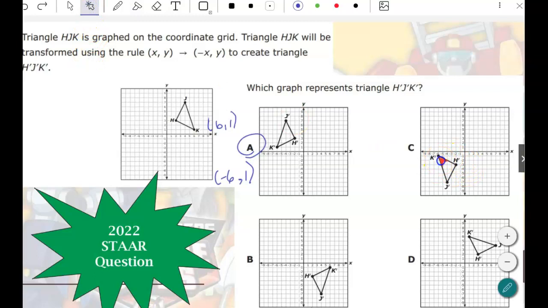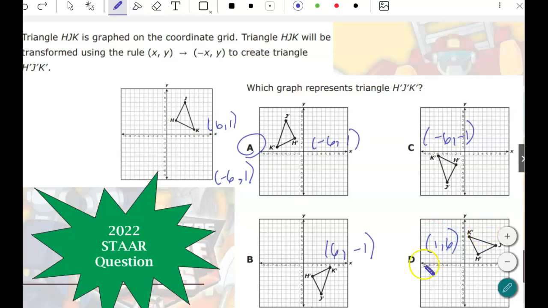This says -6, but it's at -1. This one was -6, 1. This one was -6, -1. And then for these, the x stays the same, 6. So this was 6, and then it's -1, and they flipped it around here, so it's like 1, 6.